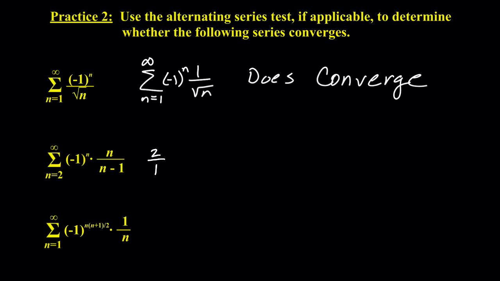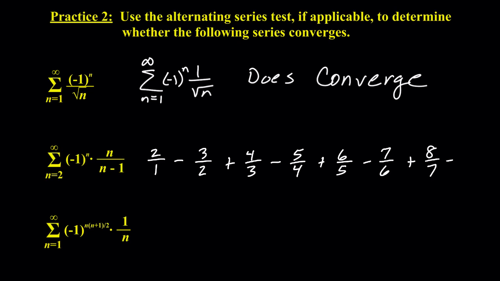The next term, when n is 3, you're going to get a minus, because -1 raised to the third power is negative, then you would have 3 over 3 minus 1. Then the next term, when n is 4, is positive, 4 thirds. So yes, the signs are alternating, and the denominator is always 1 less than the numerator. So you get plus 6 fifths minus 7 sixths plus 8 sevenths, and so on.